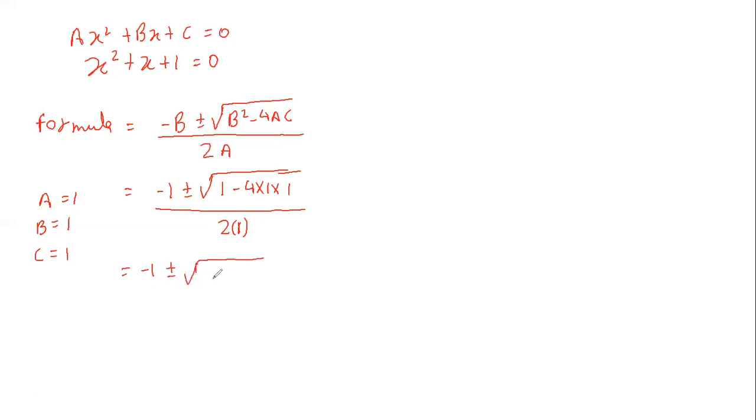If I take negative, I'll get the other root. Right? So this is negative 3 over 2. So basically, there are no real roots here because I get a negative inside the root. So if you are not able to figure out through middle term splitting, you have to figure out through the formula. Since there is a negative value inside the root, there is no solution for this equation.